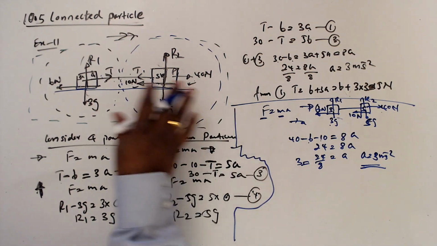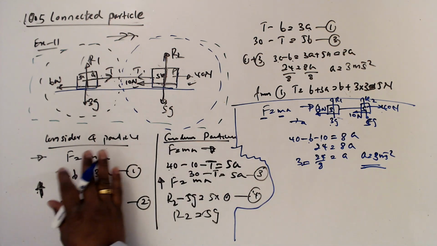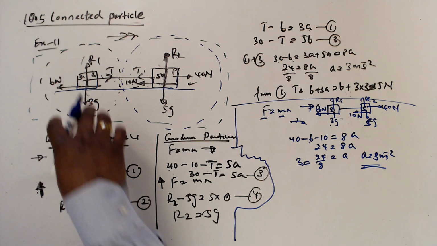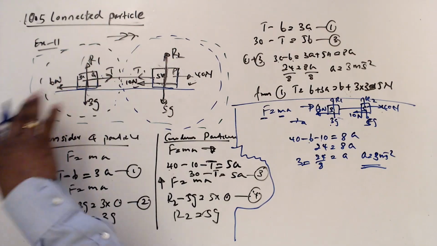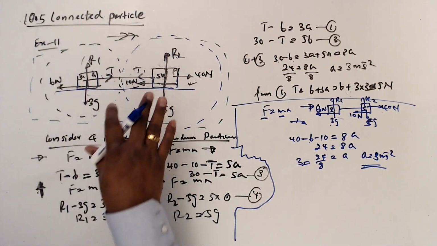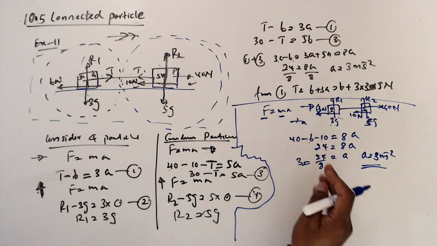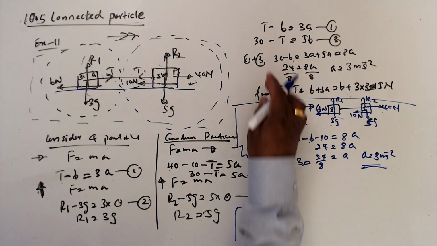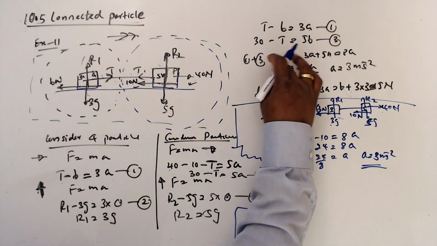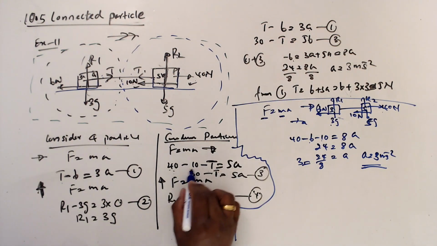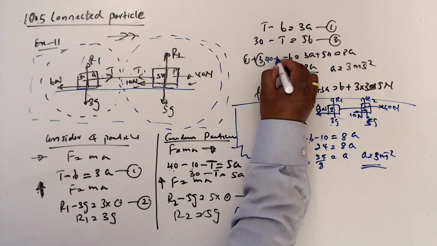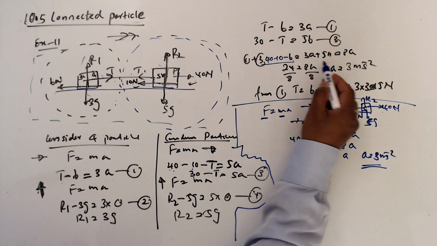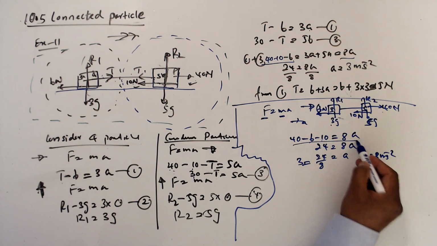Assume in this sum, if they ask only to find the acceleration, then you should not consider separately. You should consider the whole system, and you can use F equals ma and get the acceleration. And it is clear that if I rework this, 40 minus 10, if I leave it as it is, you can see that this is the same as this one.